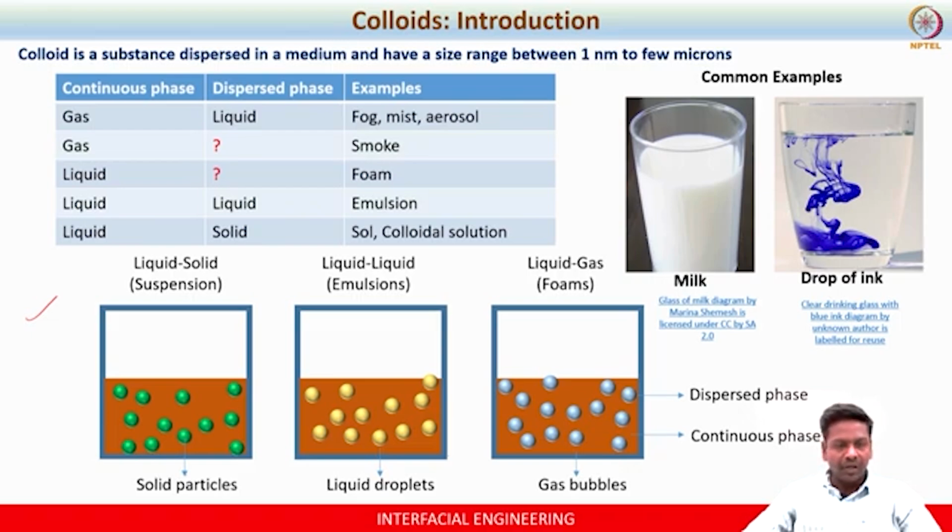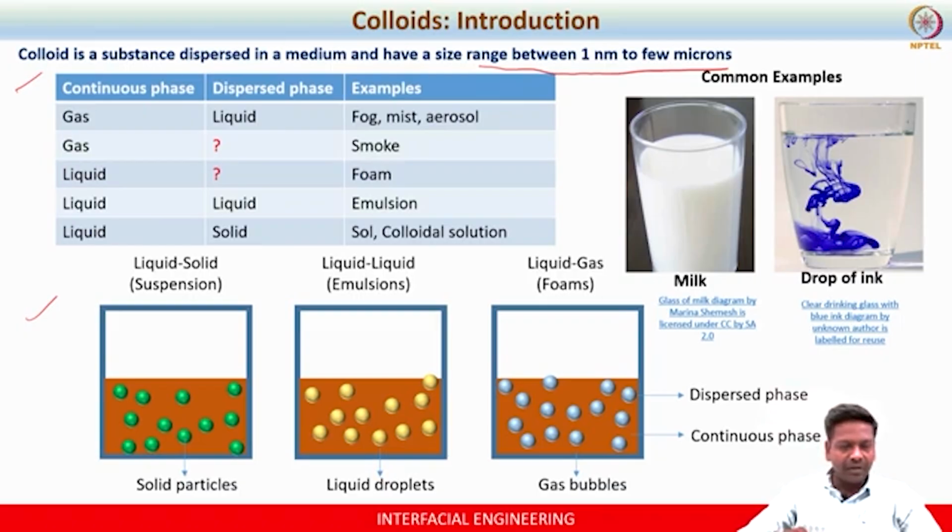As you know, a colloid is a substance dispersed in a medium, usually in the size range between 1 nanometer to a few microns. This is the typical definition of a colloid.